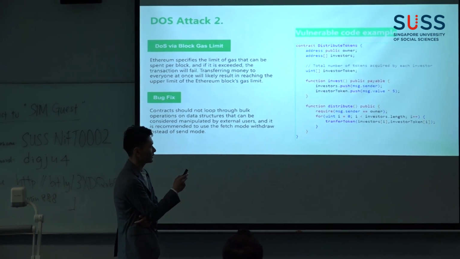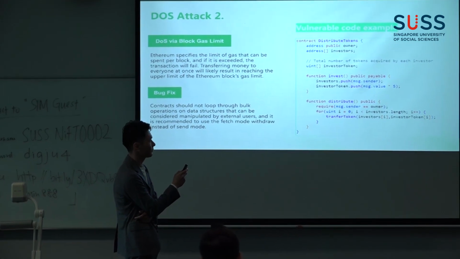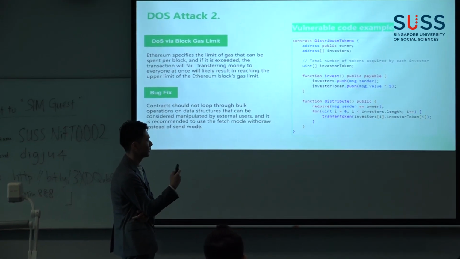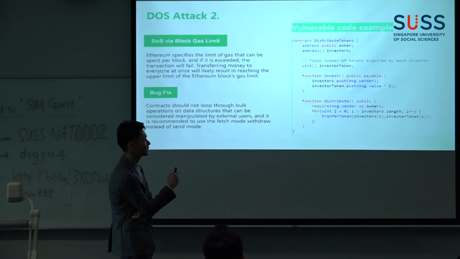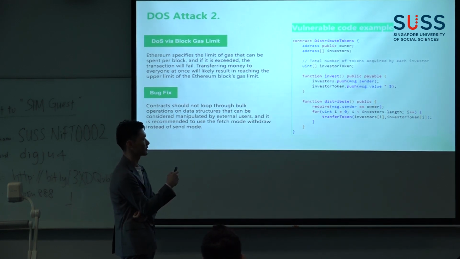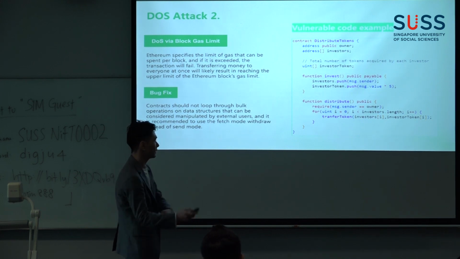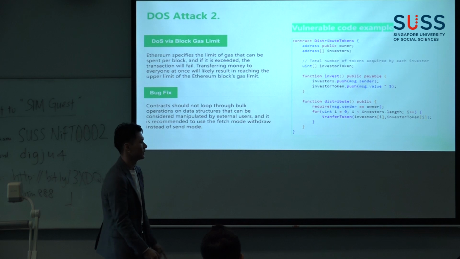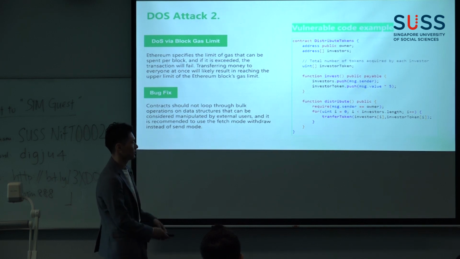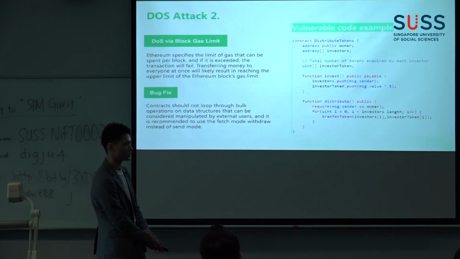When i is smaller than investors' length, it will loop to transfer tokens to investors. So what if investors' length is huge? That means there are a lot of investors, and this transaction will exceed the block gas limit. So this transaction will never get included, and there's no way to distribute money back to investors.